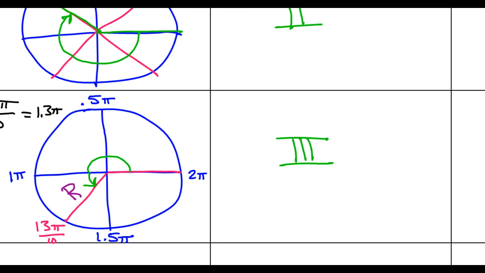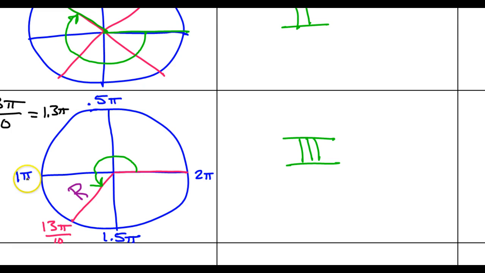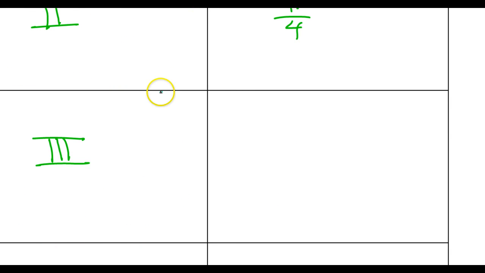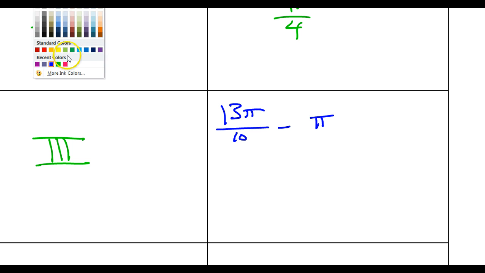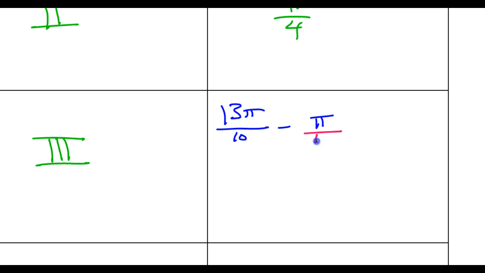So let's see, 13 pi over 10 minus pi. Well, I need like denominators, right? So I need to make this denominator 10, numerator 10.